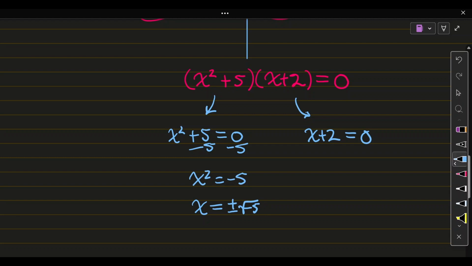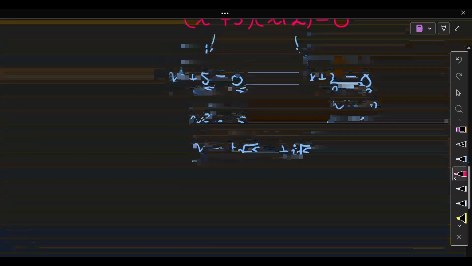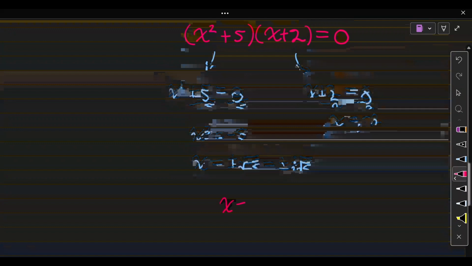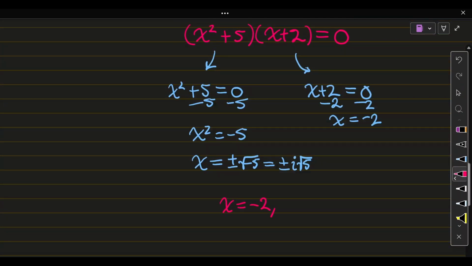Remember that the square root of a negative number is i times the square root of that number, so I have plus or minus i, the square root of 5. Over here, I can subtract 2 from both sides, and x is equal to negative 2. So all my solutions are x equals negative 2, x equals i times the square root of 5, and x equals negative i times the square root of 5.